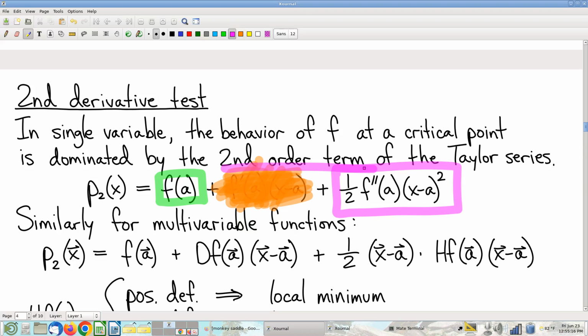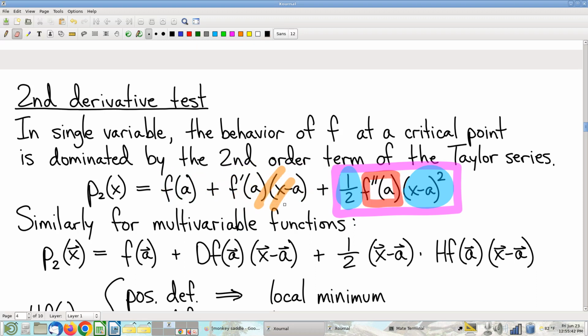This term might be always positive. It might be always negative. Certainly, you'll notice that 1/2 is always positive. And then we'll also notice that a square is always positive. So just from the algebraic observation here, the only determining consideration is this right here, that second derivative.